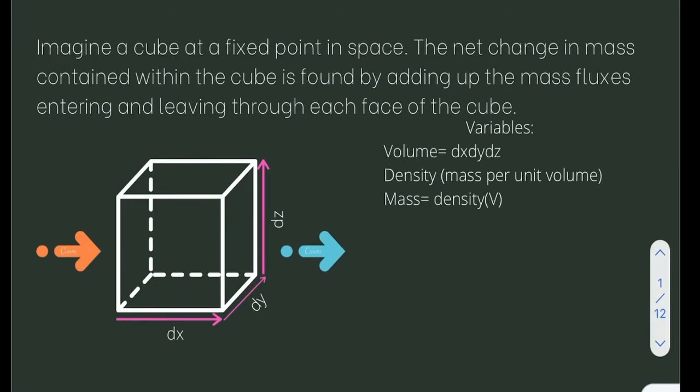Now we're looking at the variables na pwede nating makita dito. So we have your volume, of course, which is the product of dx, dy, and dz, which is the distance in your x, y, and z direction, your density, which is mass per unit volume, defined as rho, and therefore your mass is equal to density times V, or rho V. Para malaman natin kung ano yung net change in mass, the net change in mass contained within the cube is found by adding up the mass fluxes entering and leaving through each face of the cube.